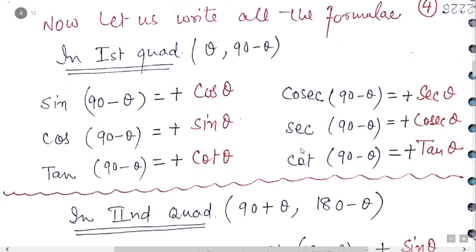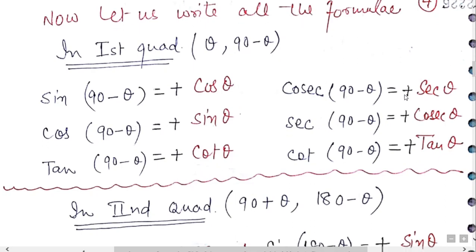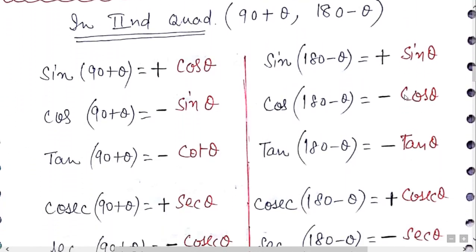Now the quadrant system. Look at the first quadrant. 90 minus theta. The angle may be theta, and the second is 90 minus theta. All the values are positive, but the T ratio changes. In second quadrant, 90 plus theta or 180 minus theta.